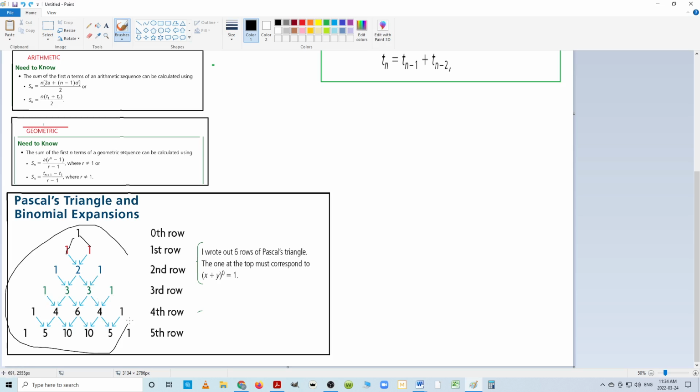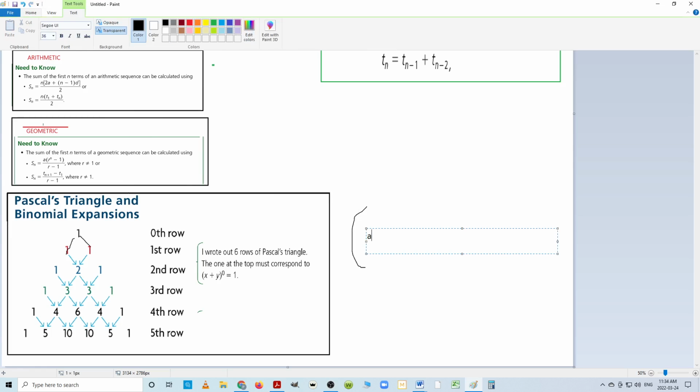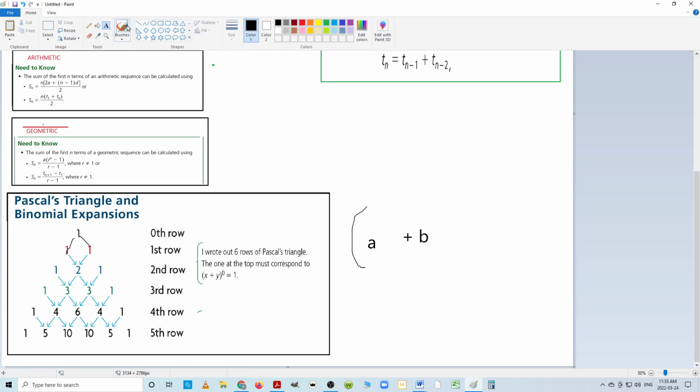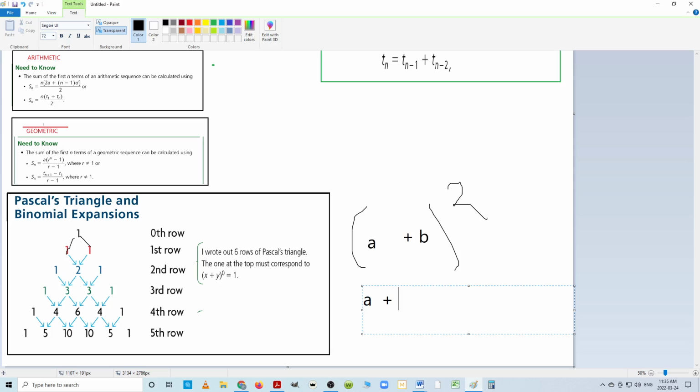It turns out that this is a very useful way to do an expansion. For instance, we learned that if I expand, let's use a and b, (a + b) squared, it's equal to a squared plus 2ab plus b squared.